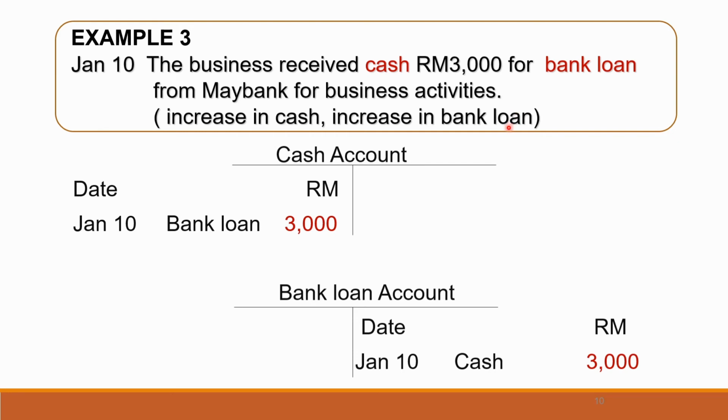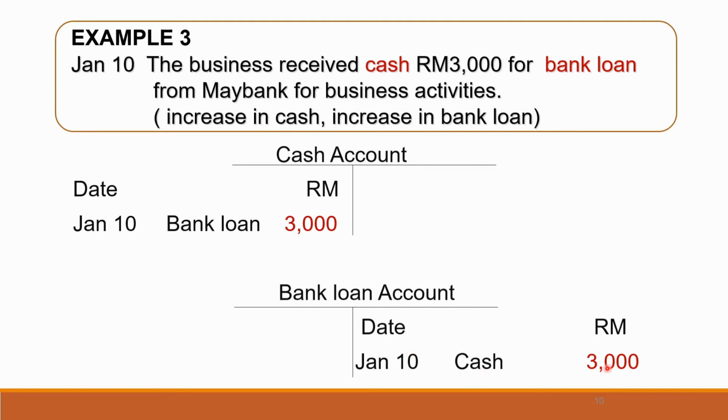And for the details, you just write down the date of transaction, 10th of January, and the item is the account that is involved, bank loan. This is the item and the amount. And for bank loan, we must record the same date, but the details are cash account.